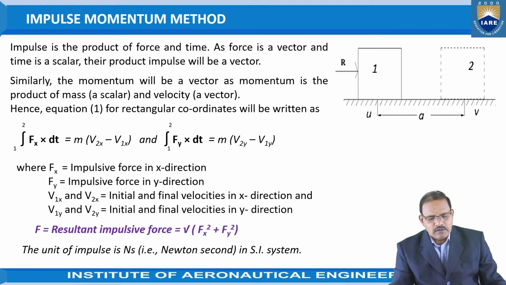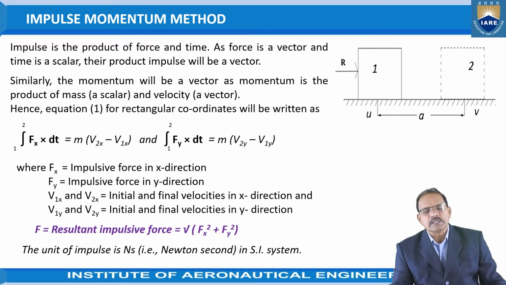Here Fx is the impulsive force in the x direction, Fy is the impulsive force in the y direction, v1x and v2x represent the initial and final velocity of the body along the x direction, and v1y and v2y represent the initial and final velocity of the body in the y direction.